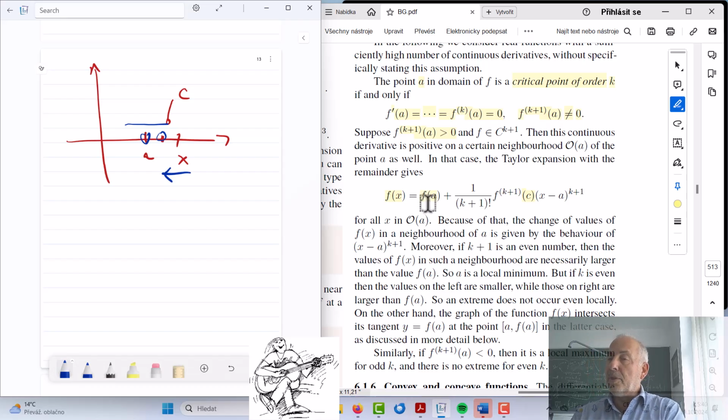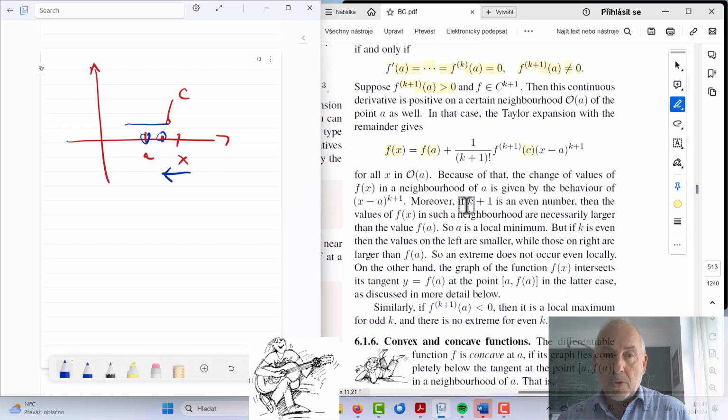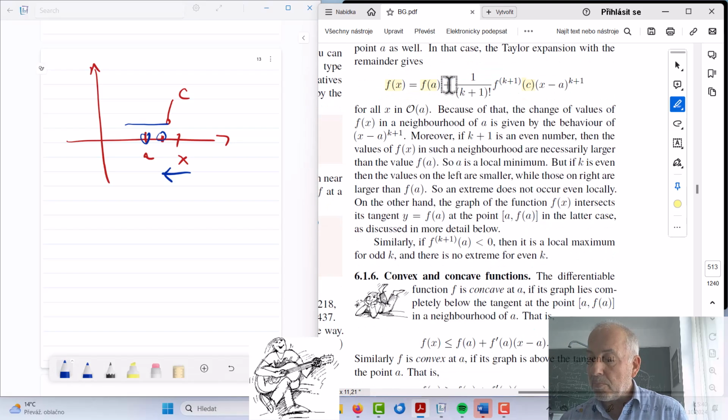And you see the power: if we didn't expect that it's continuous, we couldn't make the conclusion, because the error is there. But we can control the sign of the error, and therefore we know how it works. So that's perfect. And of course, if it was less than 0, it would be a maximum.